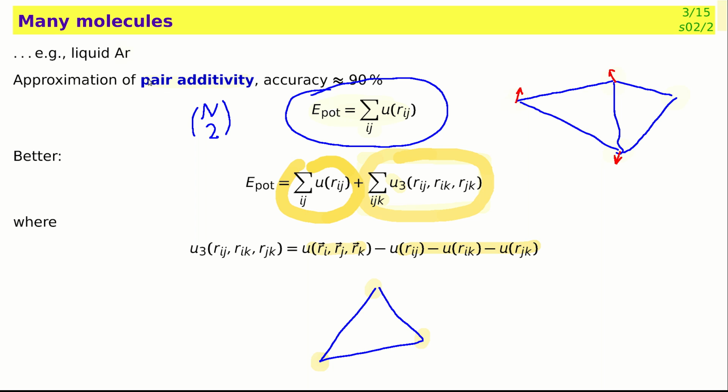It means that this pair additivity approximation is qualitatively okay, but quantitatively it is not so exact. But still it is simple, and it is the most common way how to construct force fields. Of course, we can hide these many-body forces in certain effective terms so that the total result is accurate.